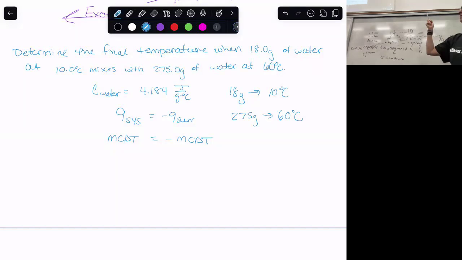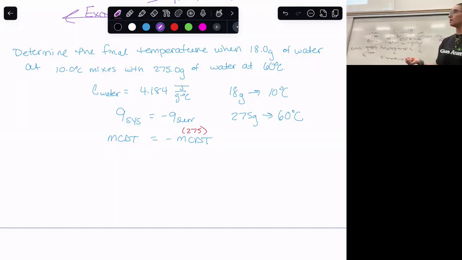If your final temperature is going to be less than your starting, then your final minus initial would be a negative value. So to preemptively get rid of the negative, you would make your right hand one the 275, because that delta T is going to be negative, where your left hand one, or your system, would be the one that's only 18, because you're going to have a positive temperature change that way. Okay, does that make sense between the two?